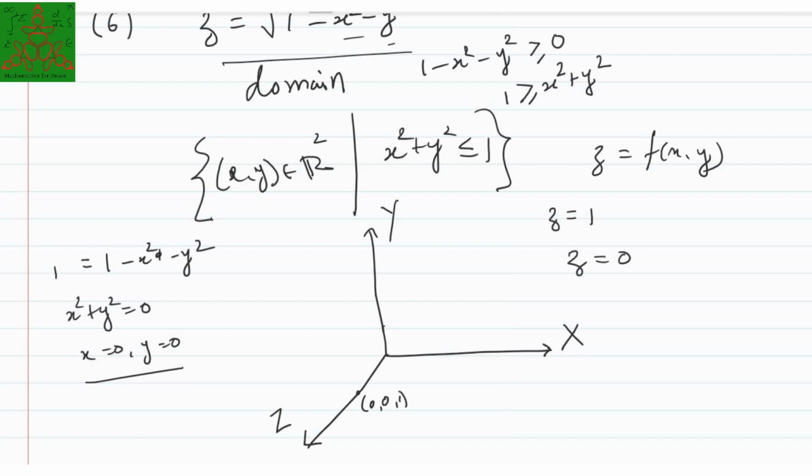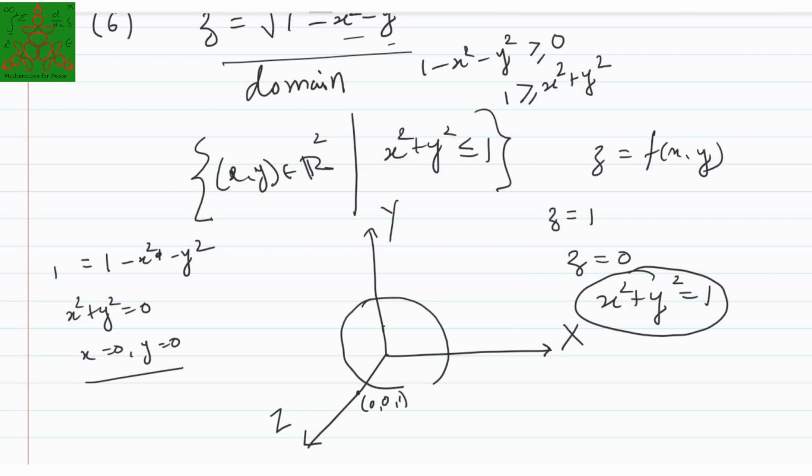If z is 0, then you will have x square plus y square equal to 1. That will give you a circle in the xy plane, with center (0, 0) and radius 1. So if z is 1, it gives me one point. If z is equal to 0, it gives me this circle.